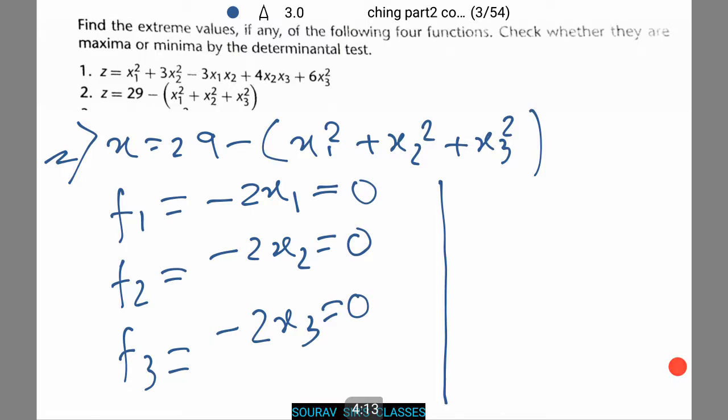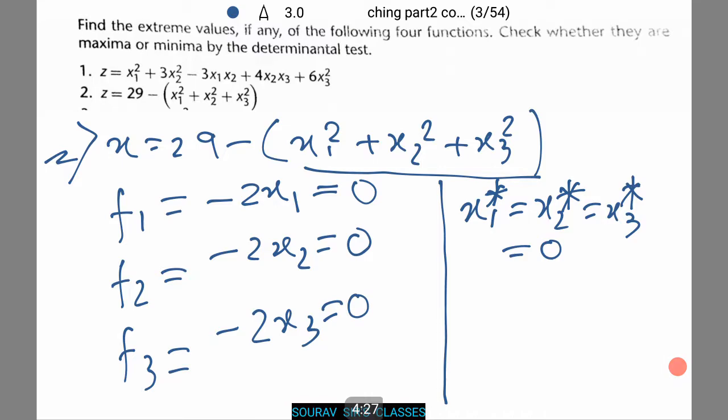Just like the previous question, over here also x1 star equals x2 star equals x3 star, which equals 0, such that notice that if all these terms become 0, z equals 29 in this case.